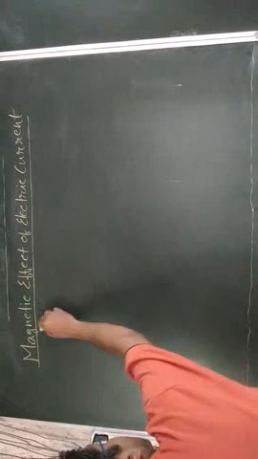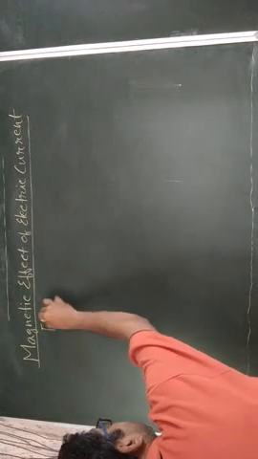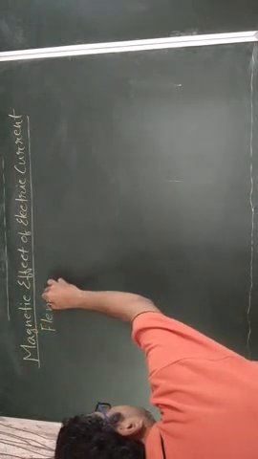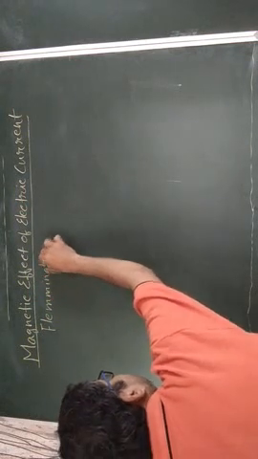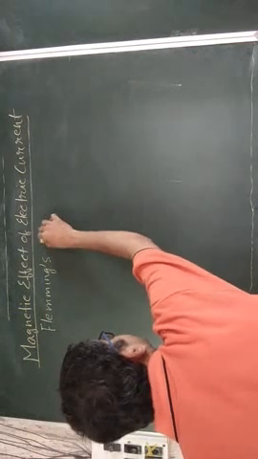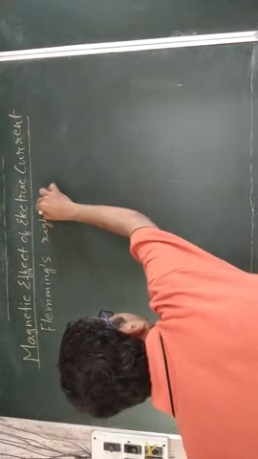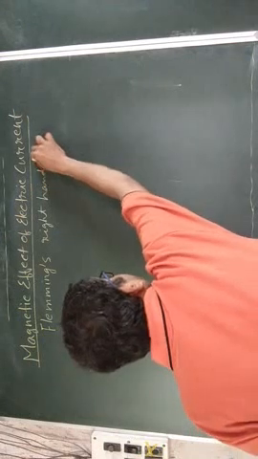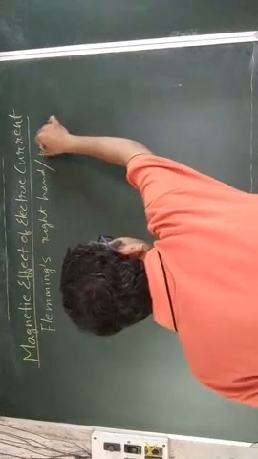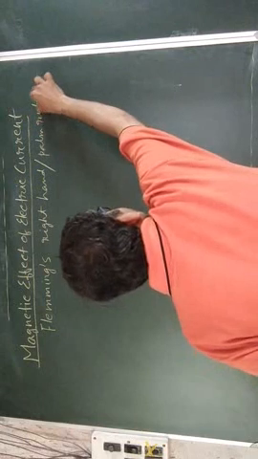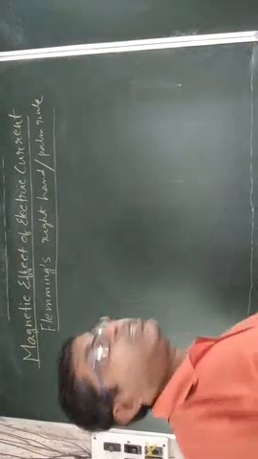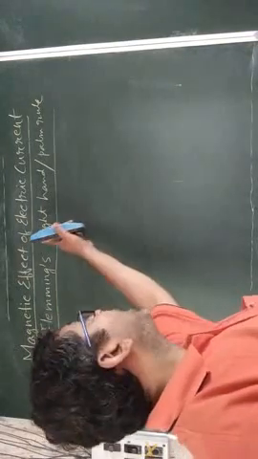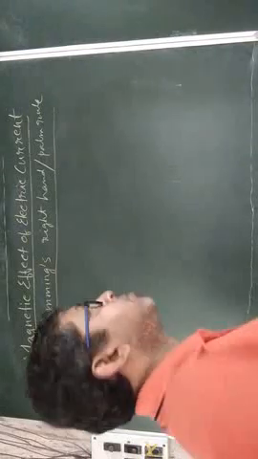Now Fleming's right hand, or sometimes called palm rule, and this rule states the direction of the magnetic field produced by any current carrying conductor.